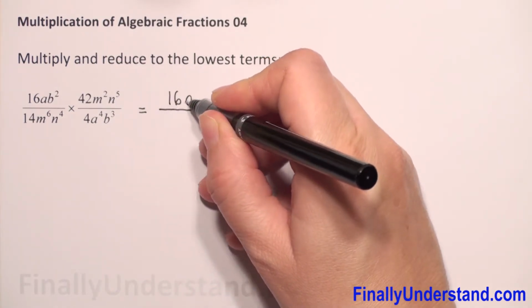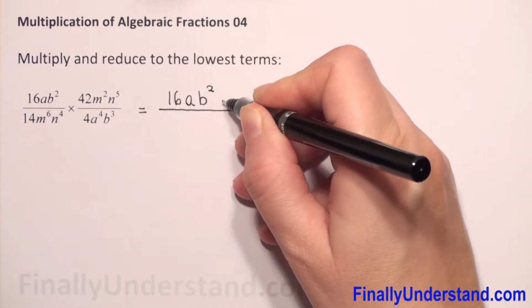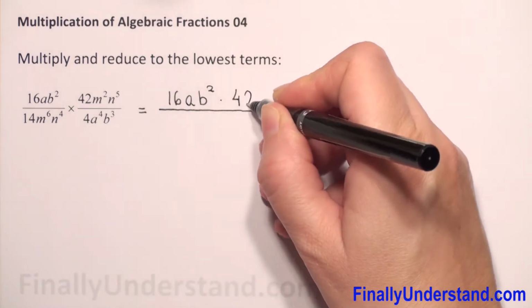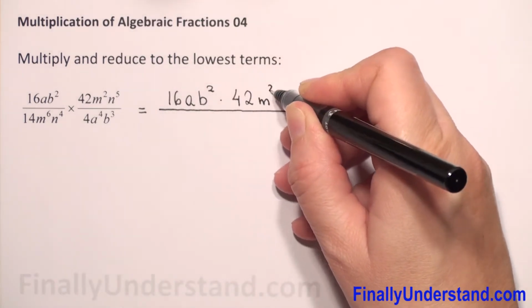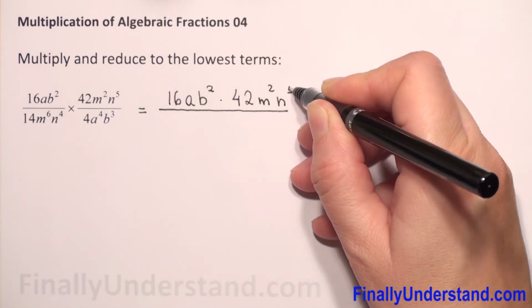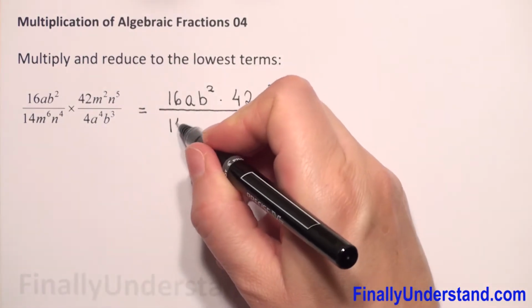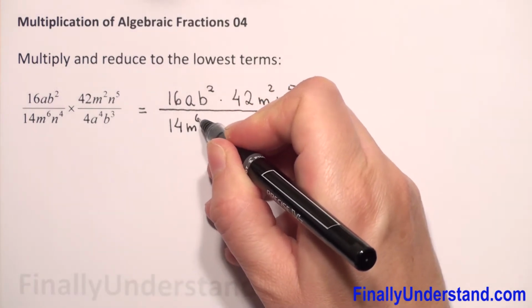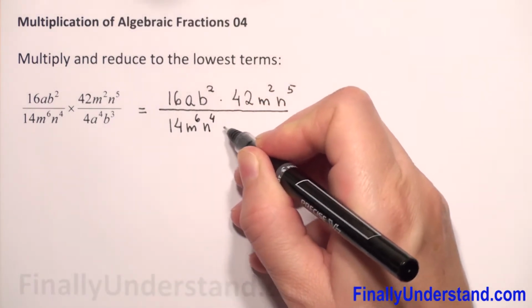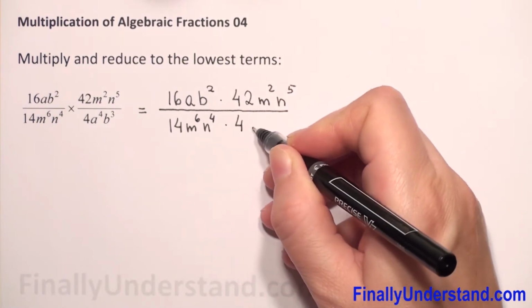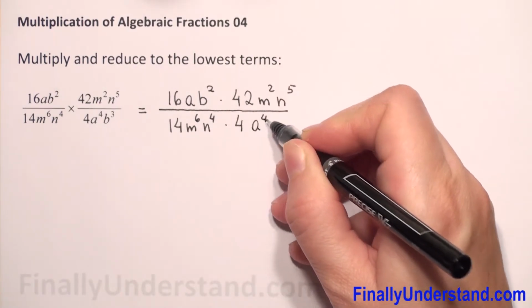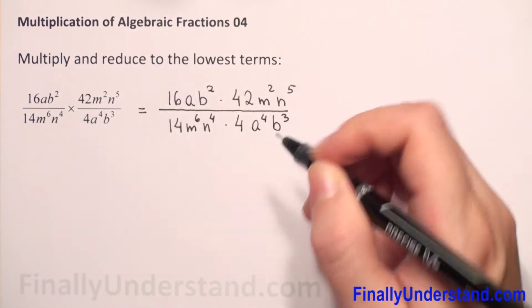16 a b squared times 42 m squared n to 5th power, and in the denominator we will have 14 m to 6th power n to 4th power times 4 a to 4th power b to 3rd power.